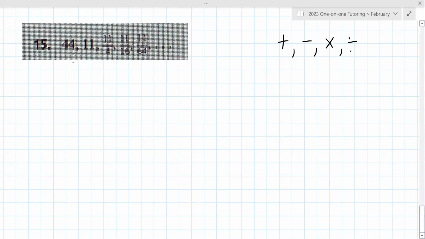Yes, so that really helps. Divide by 4. You can also think of division by 4 as multiplication by 1/4, if that's a more comfortable way of viewing things. But just like in the previous problem, it's next equals previous divided by 4 or times 1/4.